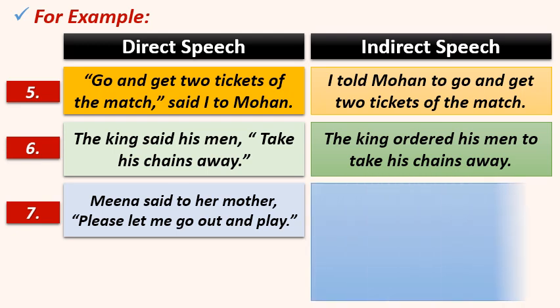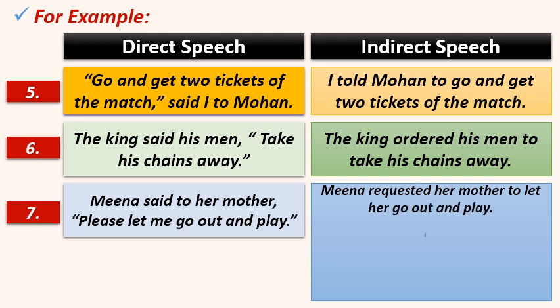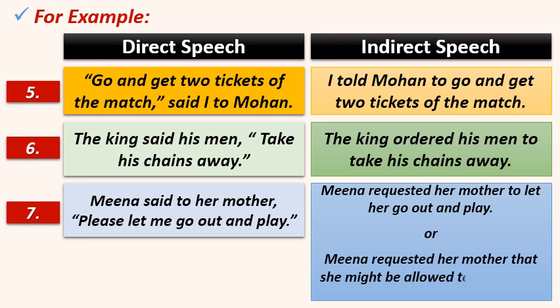So the result will be, Meena requested her mother to let her go out and play. Or we can write, Meena requested her mother that she might be allowed to go out and play.